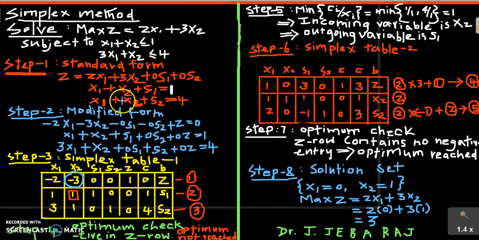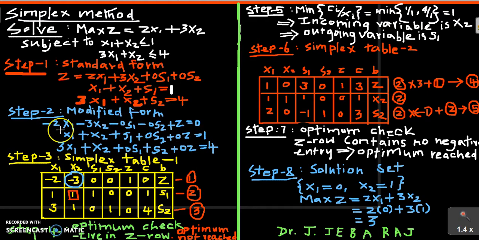Actually here x1 plus x2 plus s2 is equal to 4, so we get 3 into x1. Actually here this must be 3. So 3 into x1 plus x2 plus 0 into s1 plus s2 plus 0 into z equals 4. Here we are writing this equation such that it contains all the variables. So 3x1 is there, x2 is there, but s1 is not there, so plus 0 into s1, next s2, and z is not there, plus 0 into z equals 4.